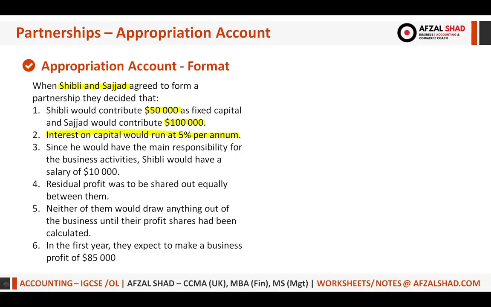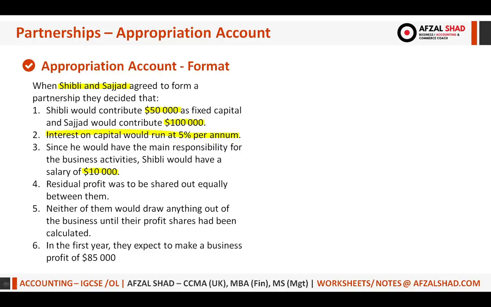Third point is, since he would have the main responsibility for the business activities, Shibli would have a salary of 10,000. As he is giving more time to the business, he is going to have a salary of 10,000, and Sajjad is not going to have any salary because he is not giving any time to the business.